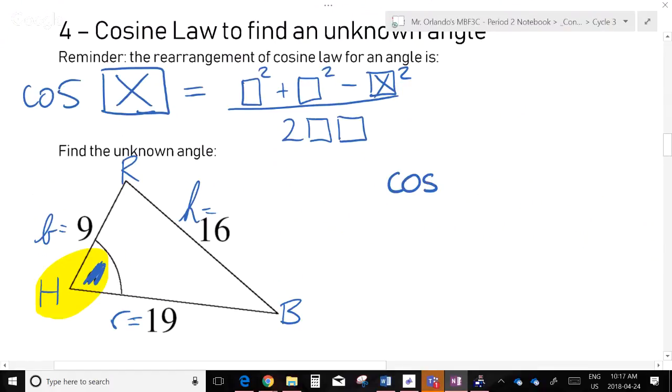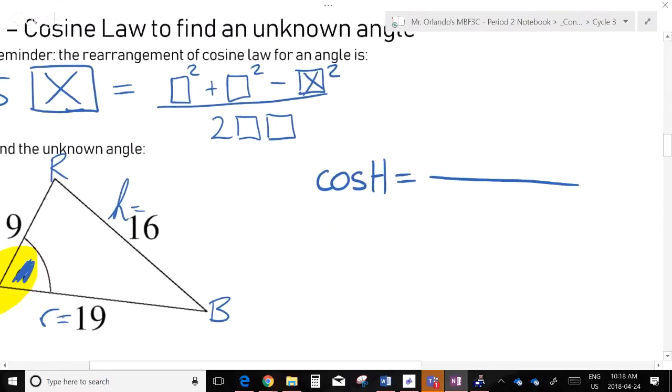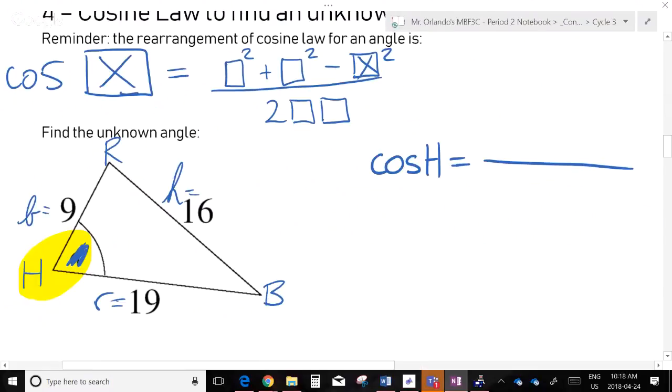You want to find the cosine of H. And my advice, don't waste time writing one version of it with the... Where is the side across from H going to go? Only one place, only right there. You should only see that 16 once in your equation. Both of the other sides you're going to see twice. So take a minute and set that up.